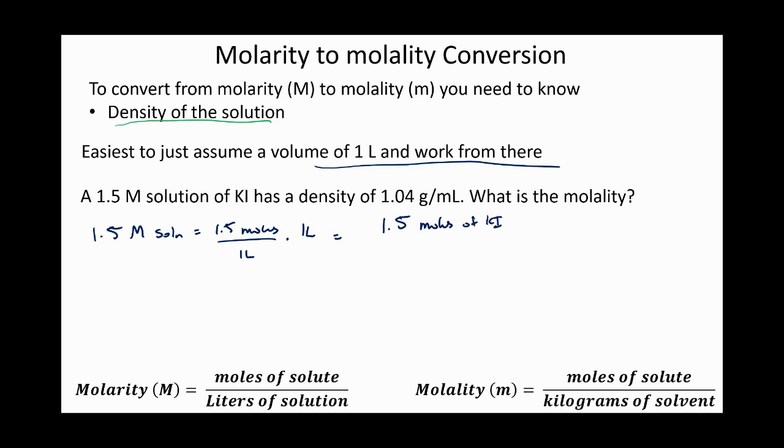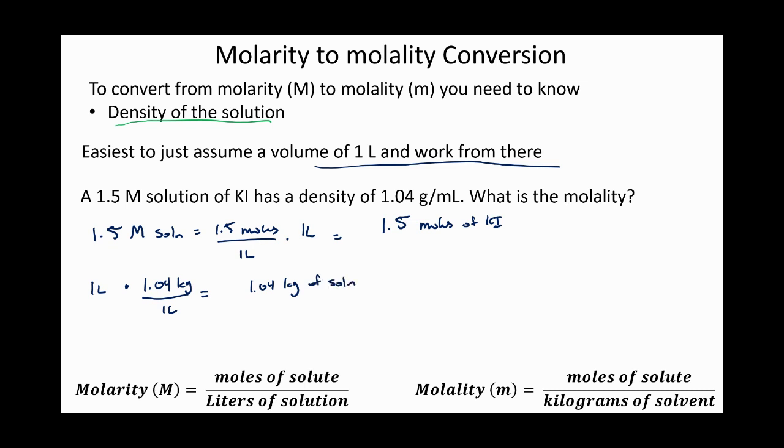The next thing we can do is figure out the total mass of solution. So we're going to take our 1 liter and multiply that by the density of 1.04 kilograms per liter. In this case, our mass of solution is 1.04 kilograms of solution.